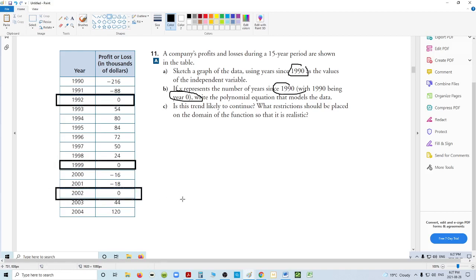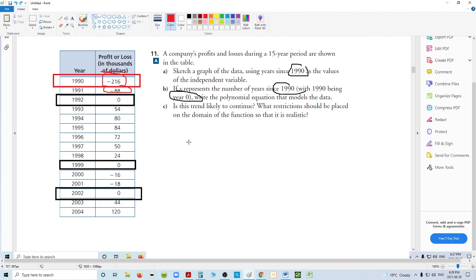And I also want you to remember that they're calling 1990 that the x is 0, so you're going to discover the y-intercept in red here. Which means if I'm graphing this, I can see I've got 3 zeros. And I can also see in the beginning it's negative and it's going up, right? And if I have 3 zeros, I'm probably talking about a cubic.